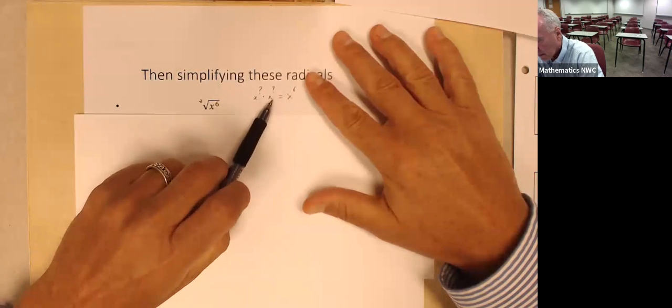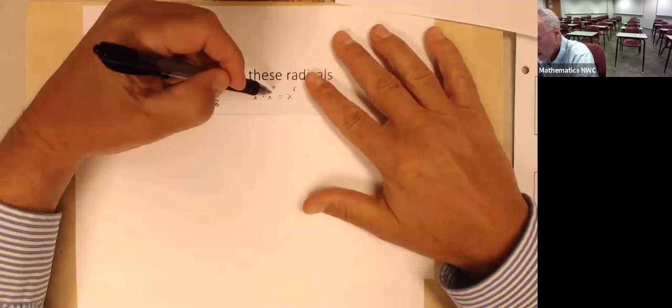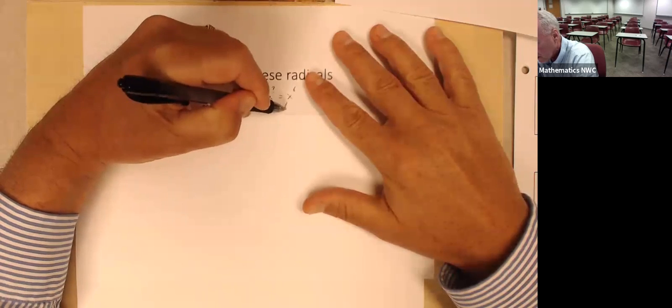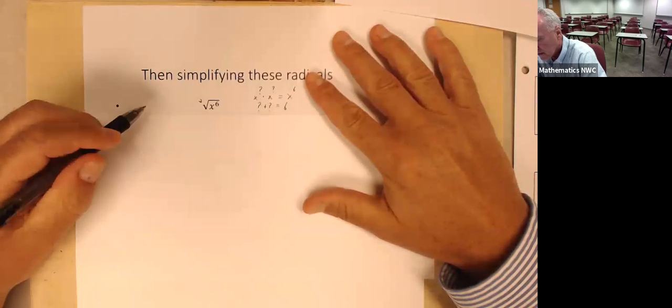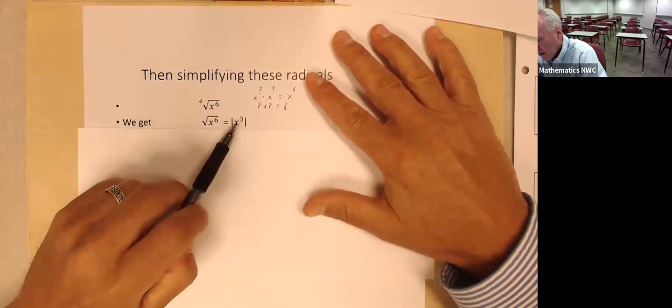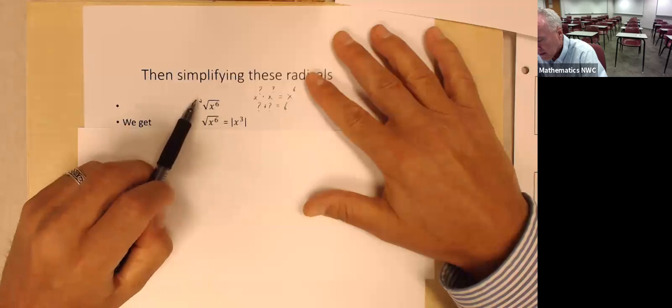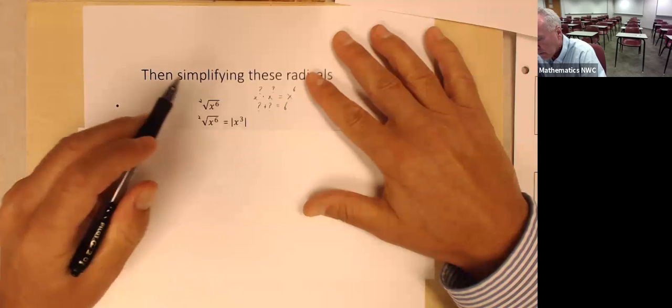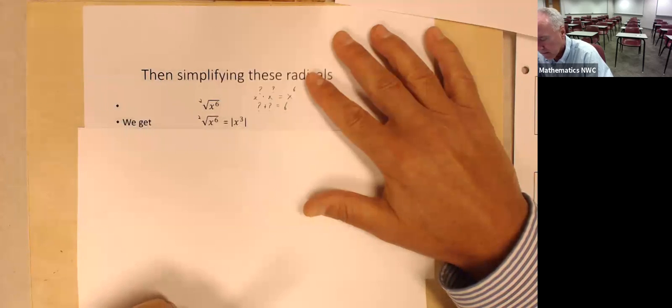When you're multiplying bases, you add the exponents. So you're looking for a number plus a number that gives you the exponent 6. That, of course, has to be 3. We recognize that it could be a positive or negative, so because it was an even root, because it was a square root, I had to put the absolute value signs in.